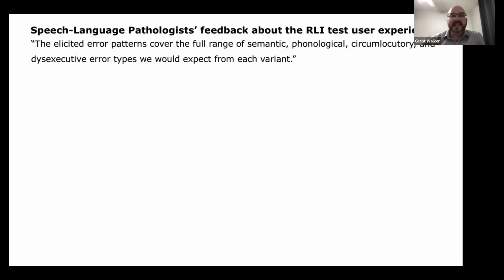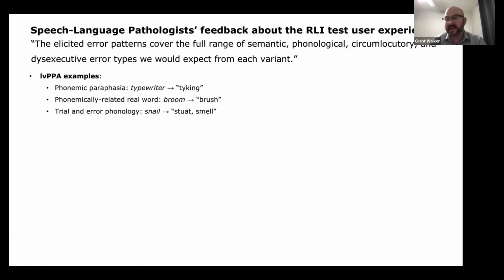The elicited error patterns cover the full range of semantic, phonological, circumlocutory, and dysexecutive error types we would expect from each variant. So remember, we were focusing only on accuracy, but these great SLPs, very observant, were keeping track of these things and saw that the error types are also useful and diagnostic on this test.